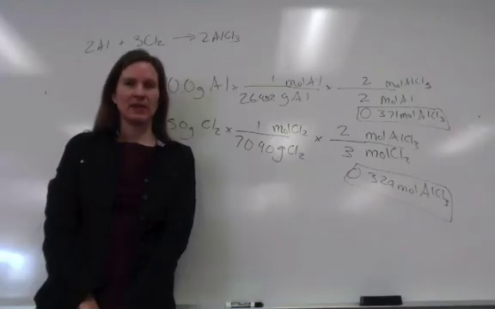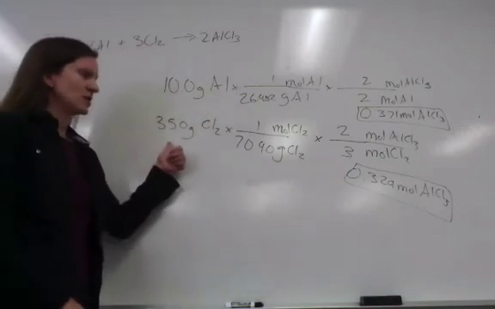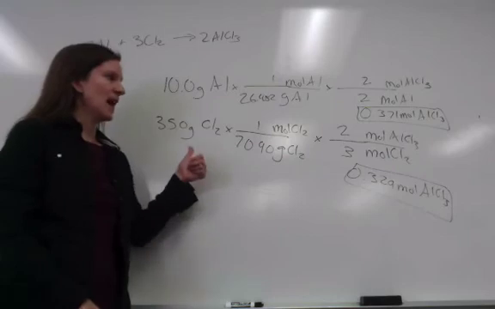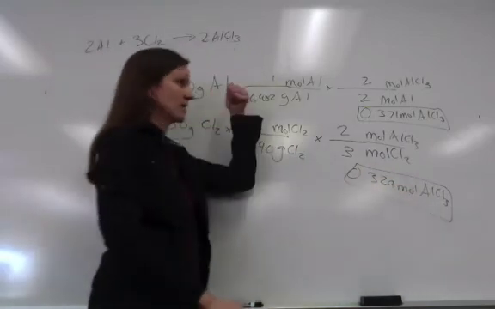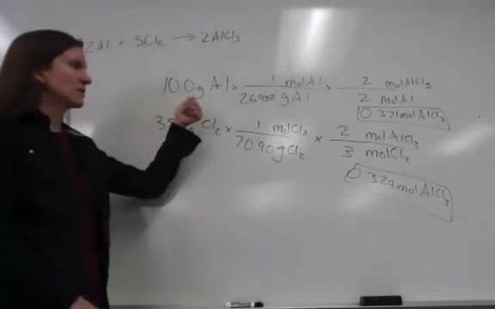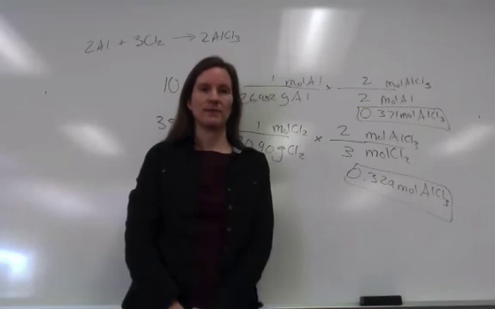So now we have to think about what this means, okay? When I have 35.0 grams of chlorine, that can produce 0.329 moles of aluminum chloride, given this recipe. When I have 10 grams of aluminum, it can produce 0.371 moles of aluminum chloride, given this recipe.